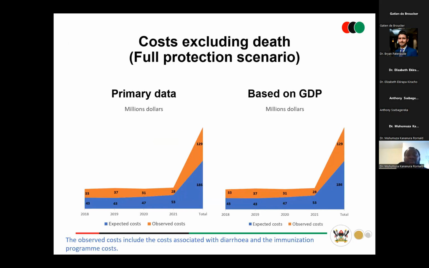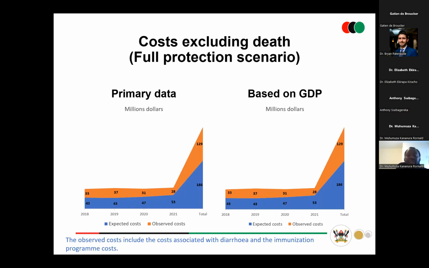So here we look at the costs, where, like I said, we have two scenarios. The first scenario is full protection, where we are using the primary data that we collected and also the GDP.